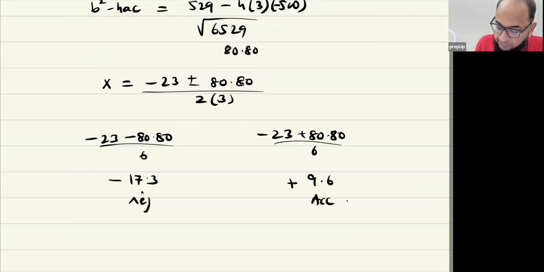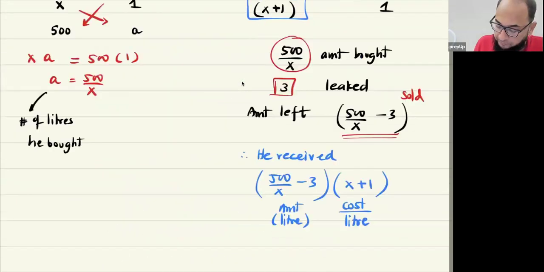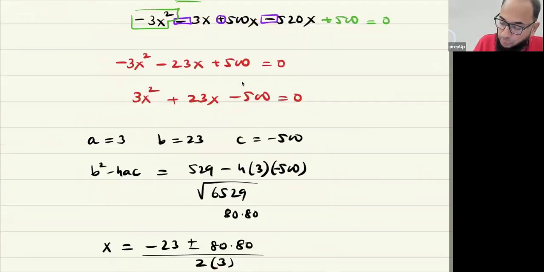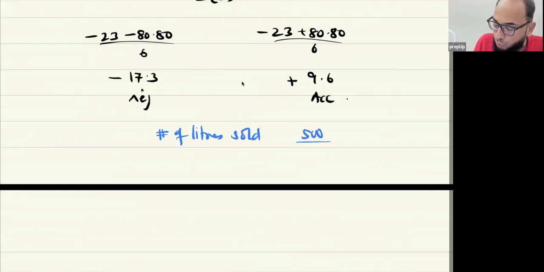This is rejected. This is accepted. Why? Because x is what? x is the cost. Now the last part. What is the last part? That is the number of liters sold. That is 500 over x minus 3. What's the value of x? 9.6.